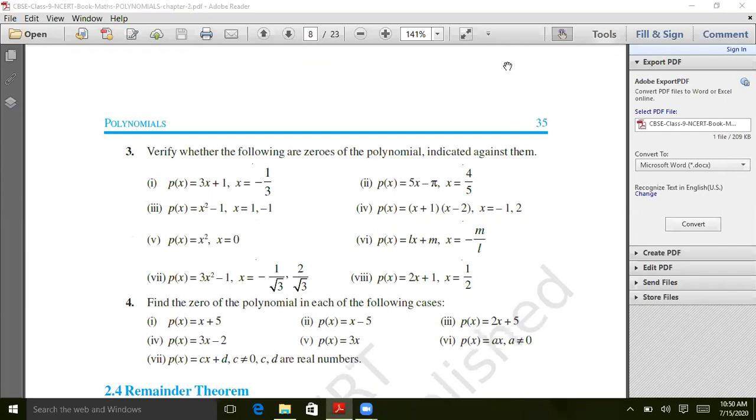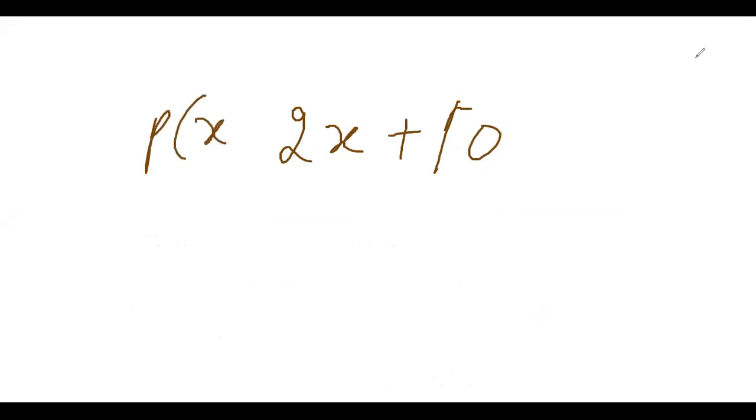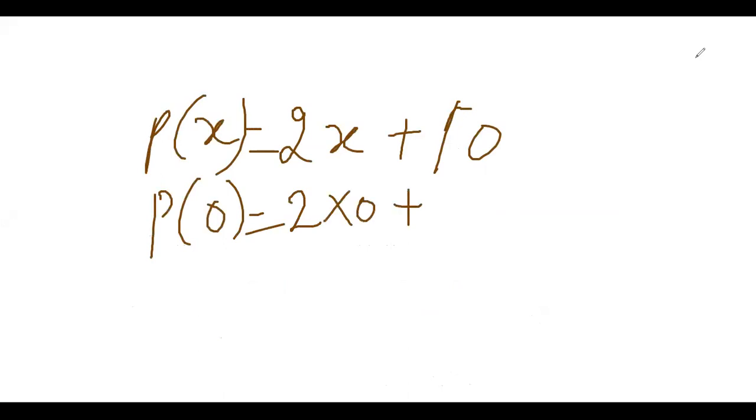As we have done earlier in equations also, let's take an example for it. 2x plus 10. ठीक है, this is the polynomial with the variable x. If I put 0 here, 2 into 0 plus 10 is equal to 10, right?